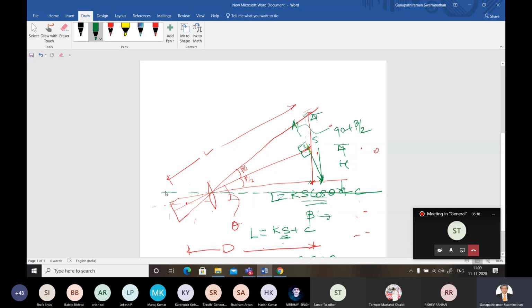What is that line? What is this line? And what is this line? The lines have got three different nomenclatures. What are those three? What is the top line, the dotted line?